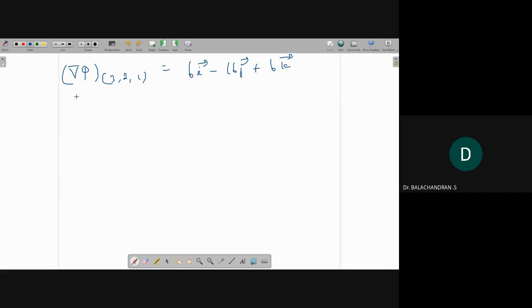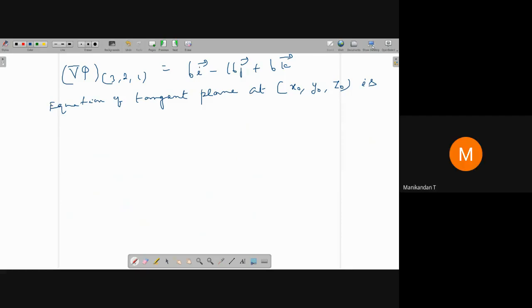So now the equation of the tangent plane at the general point x naught, y naught, z naught. Please tell me if you know.